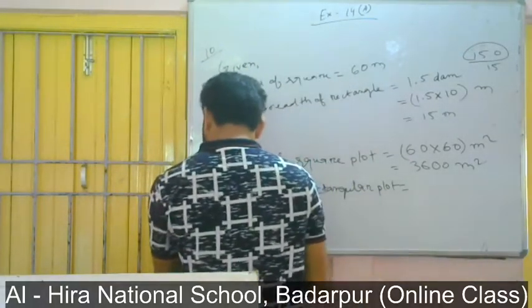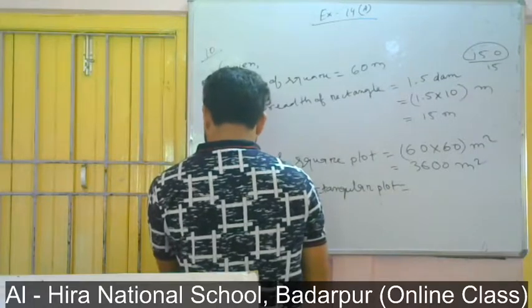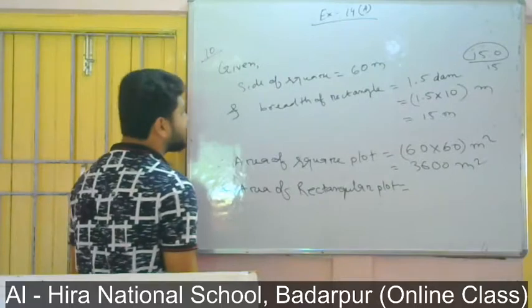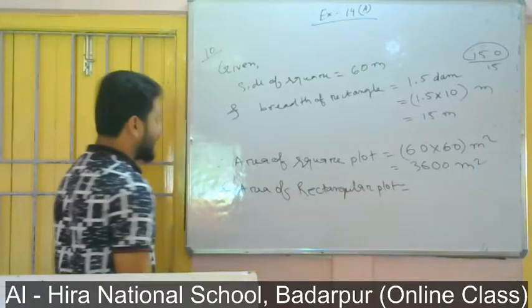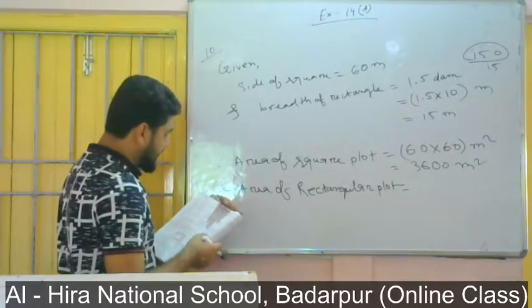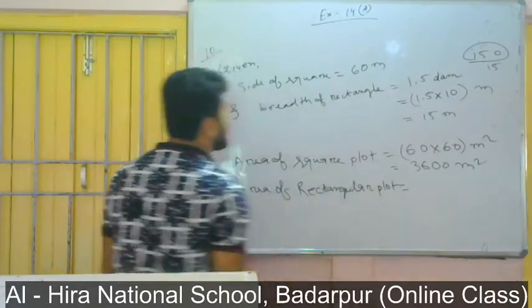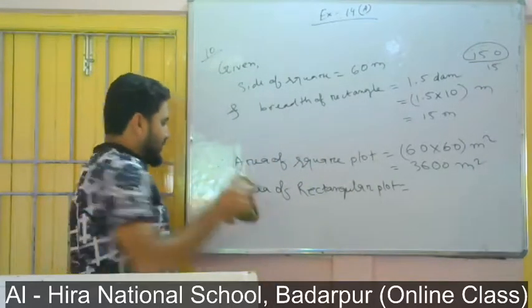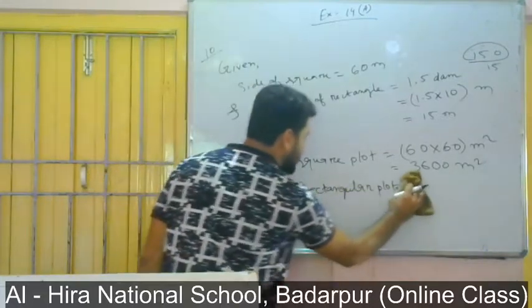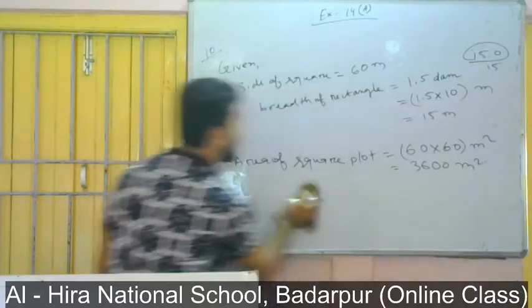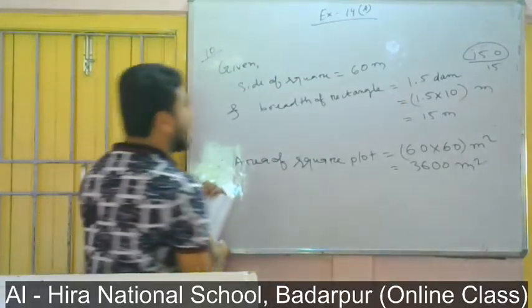Okay, so one thing you remember, here both the perimeters are same. So from the perimeter we will find the length. First we cannot find the area of the rectangular plot because we don't know the length of the rectangle.